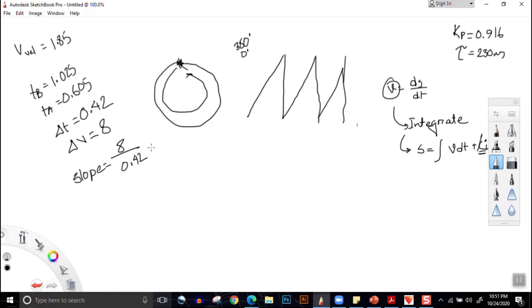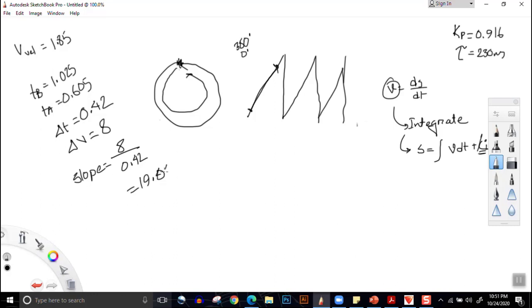Slope means how quickly the curve goes from here to here. So the value of slope is 8 divided by 0.42, which is 19.04.